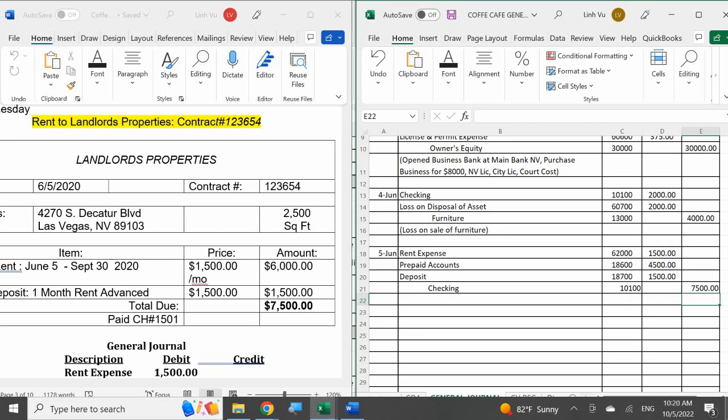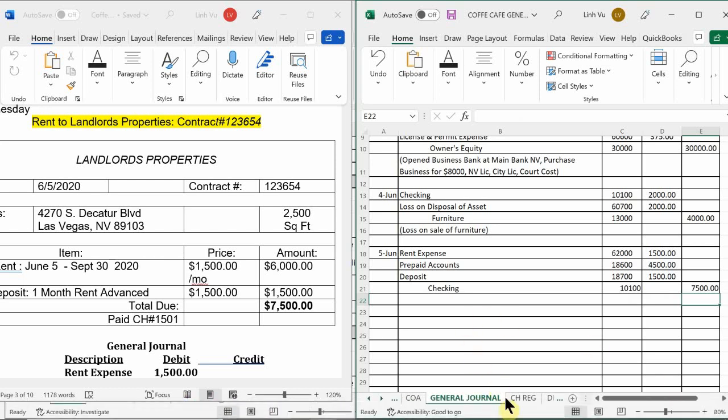So, first things first, you wrote a check. Okay? How do I know what check number I used? How do I know what check to use? You go to your check register.